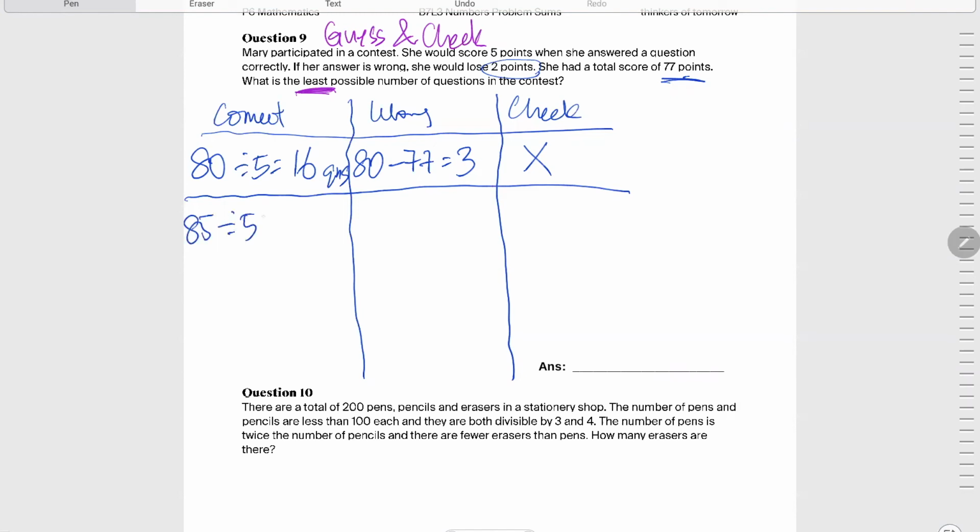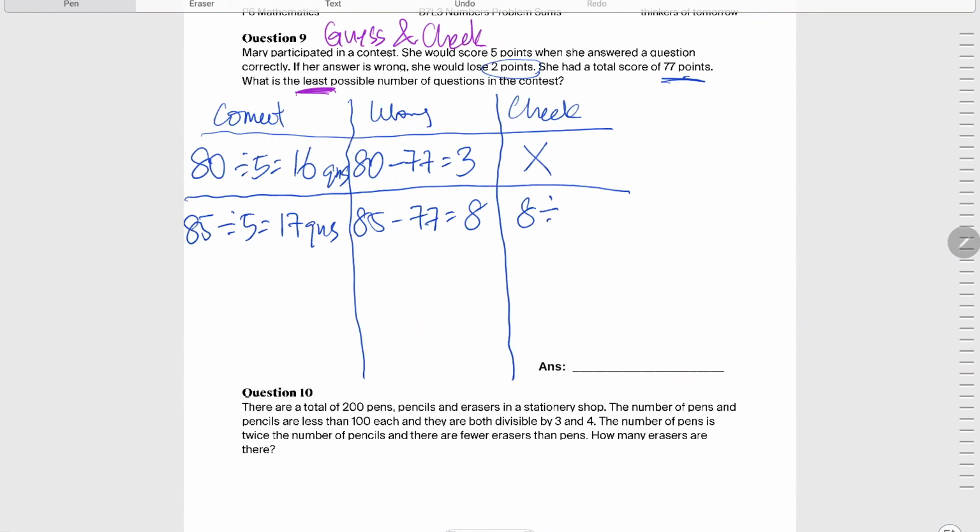85 divided by 5, 17 questions. Okay, if I have 17 correct questions that gave me 85 points, the number of wrong points that was deducted is actually 85 minus 77, which is 8. Okay, and you do a check here. Does it make sense for me to minus 8 points?